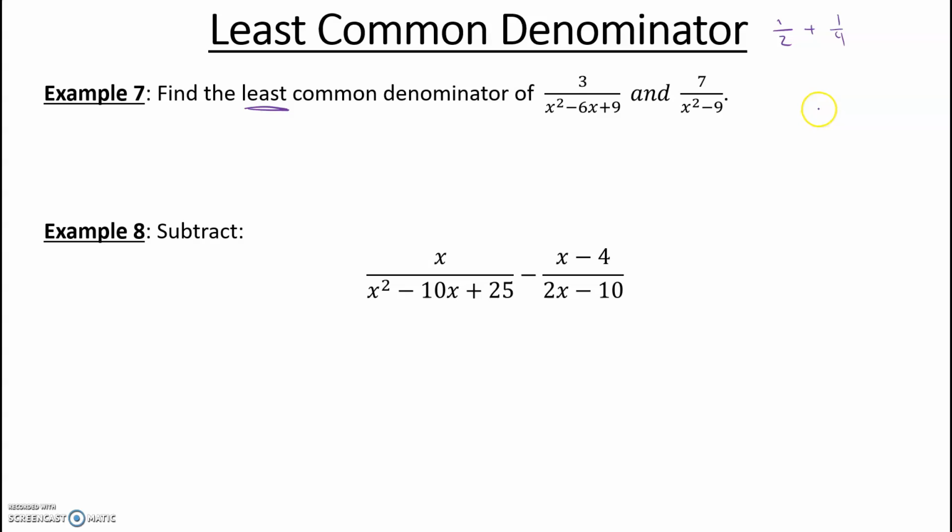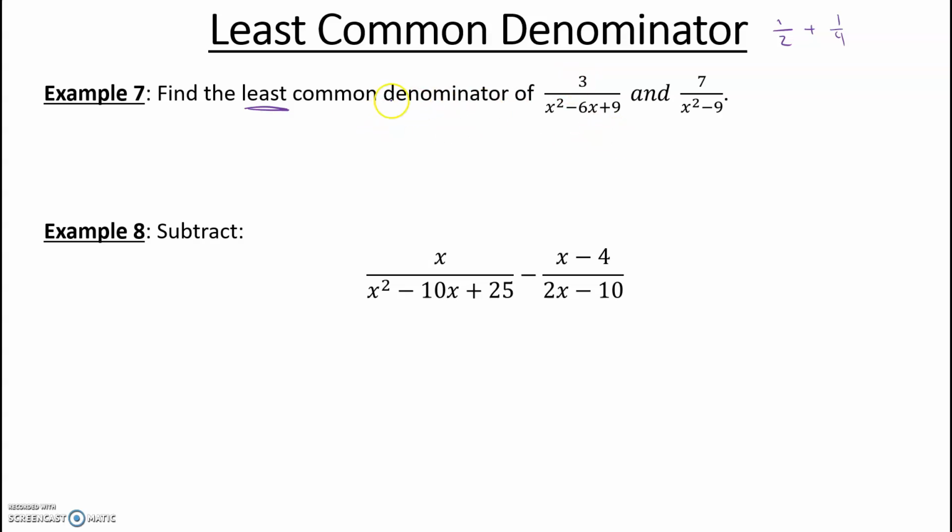Could you use a denominator of 8? Absolutely. Could you use a denominator of 16? Absolutely. Could you use a denominator of 32? But you don't want to, right? You want to use that least common denominator. Here, I would want to use a common denominator of 4. So you want to use the smallest denominator possible to make your life easier.